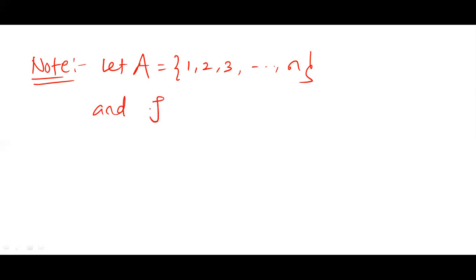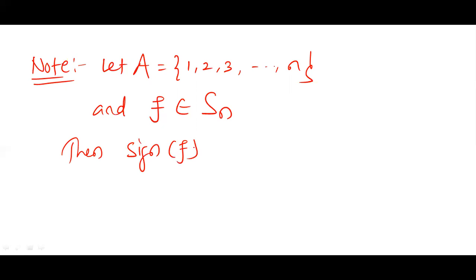Note that let A be a set containing n elements and F be any permutation of a set A, means F is any element of Sn, then signature of F is either 1 or minus 1.